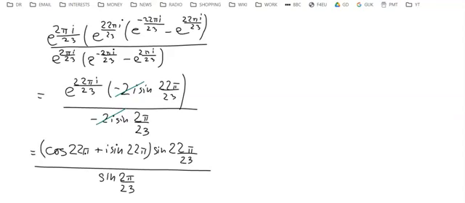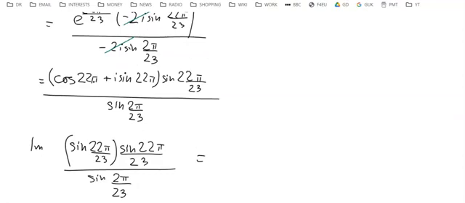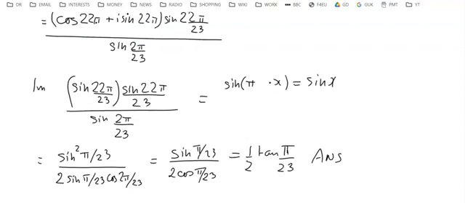All over sin 2π/23, and the imaginary part of that will of course be sin 22π/23 times sin 22π/23 over sin 2π/23. The sine of π − x is the same as sin x, and so if we use that, we obtain sin²(π/23) over 2 sin(π/23) cos(π/23).